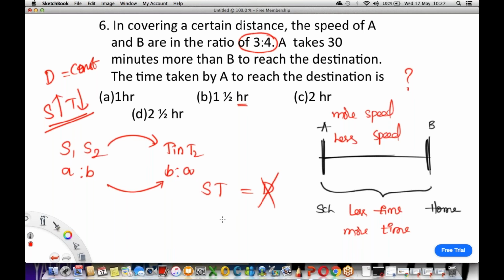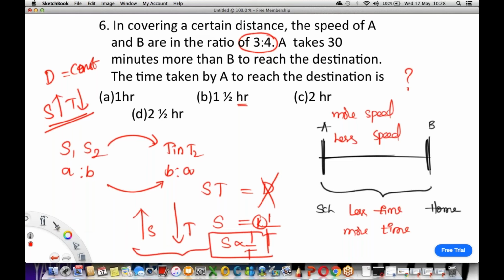If distance is constant, speed will be equal to k times 1 by t. So speed and time are inversely related. That means if you are moving with more speed, less time is taken. That's the point I'm using to solve my problem.